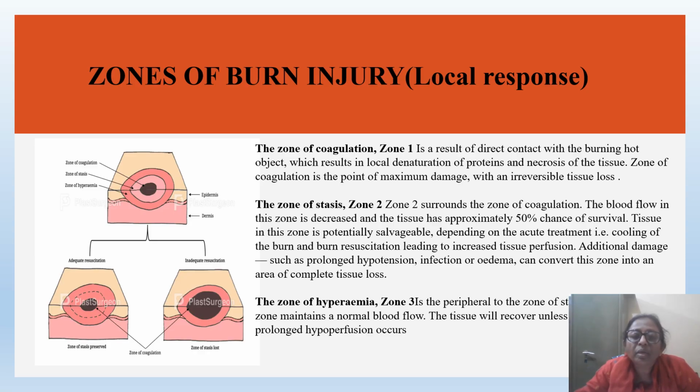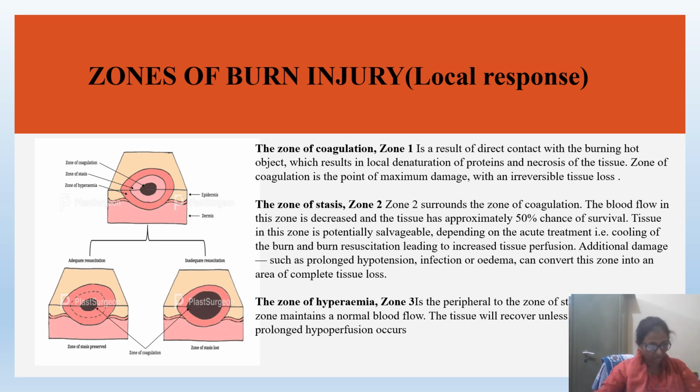The tissue will recover unless prolonged hypoperfusion occurs. So the zone of hyperemia is the outside one. The first is the zone of coagulation, second is the zone of stasis, and third is the zone of hyperemia. The zone of coagulation is the inner zone where the cell death leads to necrosis.